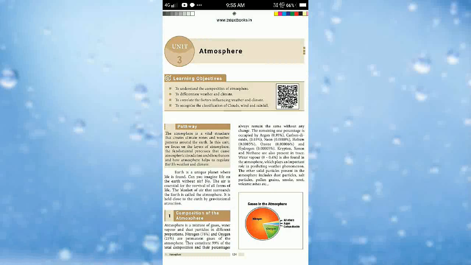The remaining 1% is occupied by argon, carbon dioxide, neon, helium, ozone and hydrogen. Krypton, xenon and methane are also present in trace. Water vapor is also found in the atmosphere. Oxygen is the most important for living organisms.